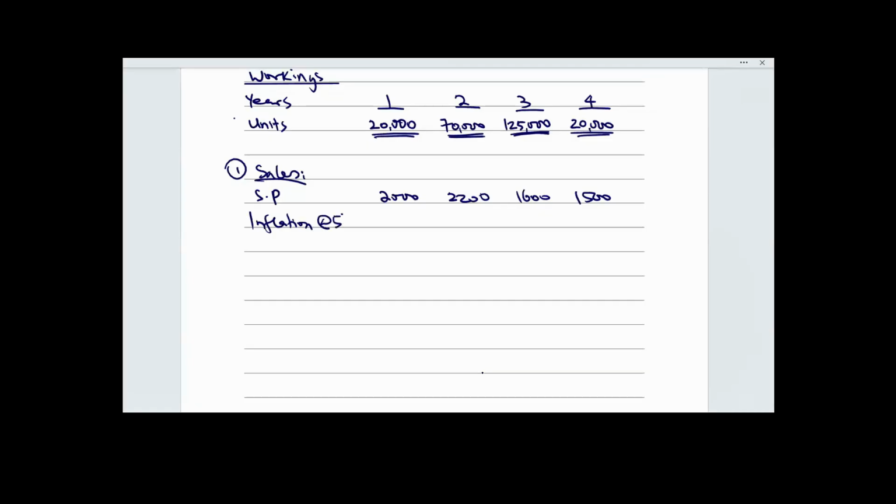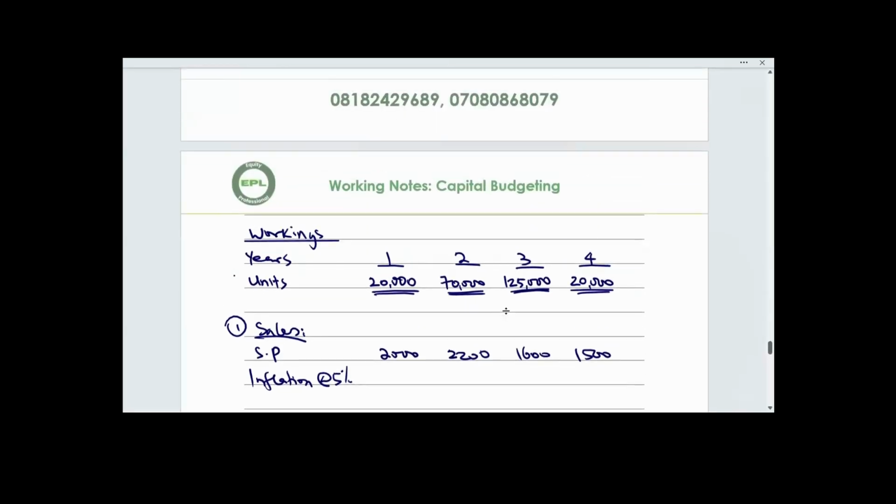Because this selling price is in current value terms, inflation should start from year one. You will recall that if you want to convert real cash flow to money cash flow, making money cash flow the subject of the formula, it is real cash flow multiplied by 1 plus inflation rate raised to power n.